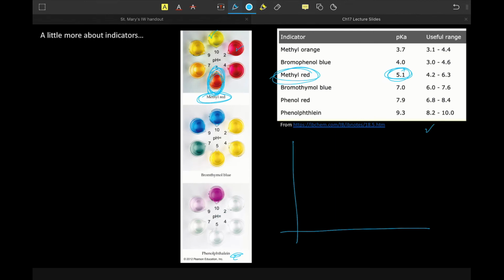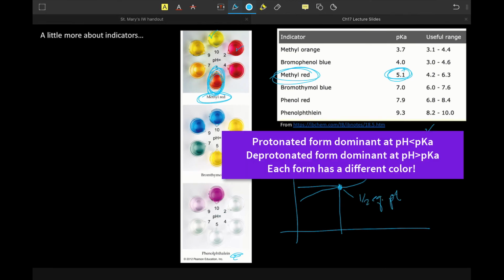So if we were to think about a quick titration curve here, something like this, and we think about this as our pH equals pKa point, our half equivalence point, that is what this represents.